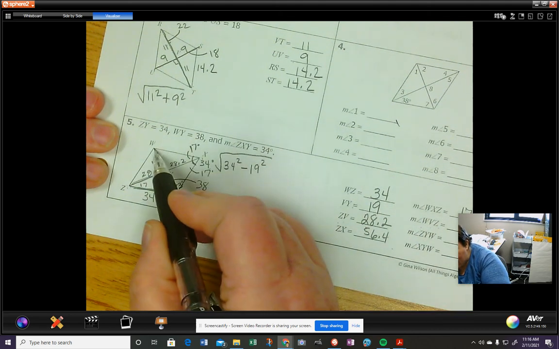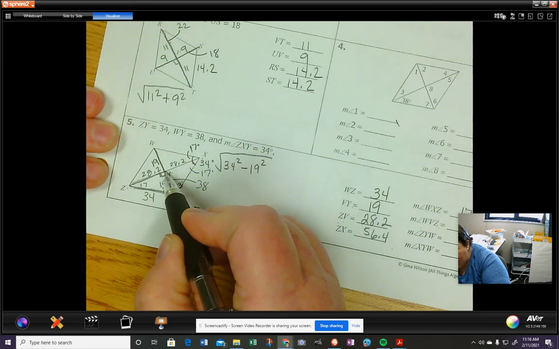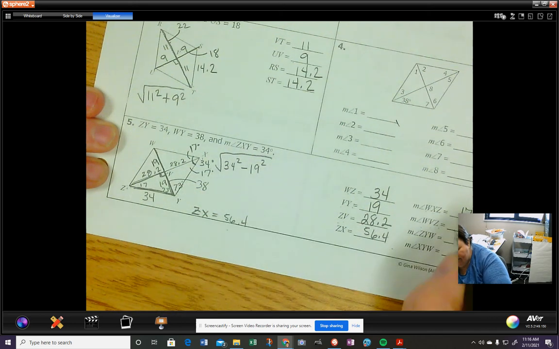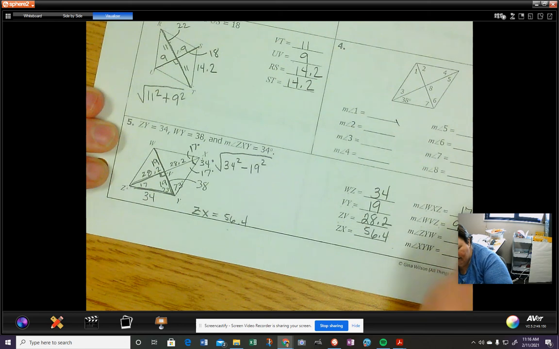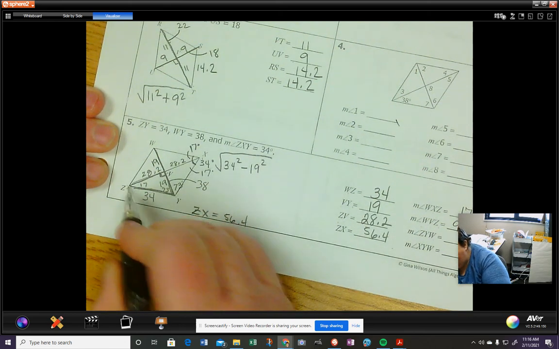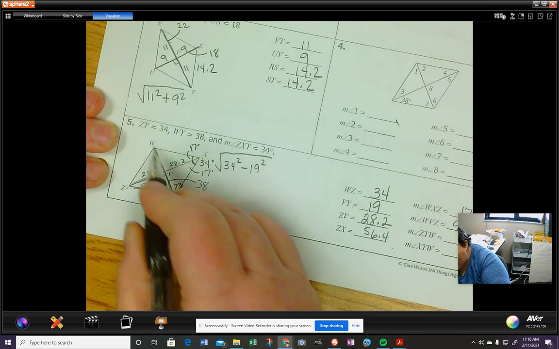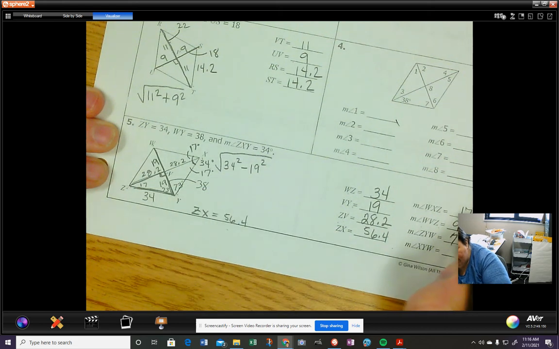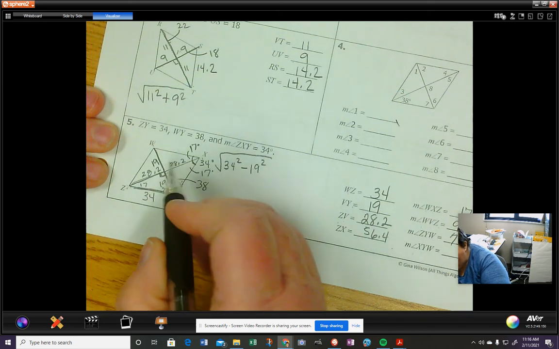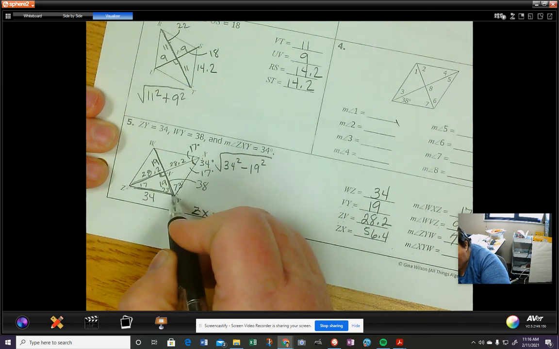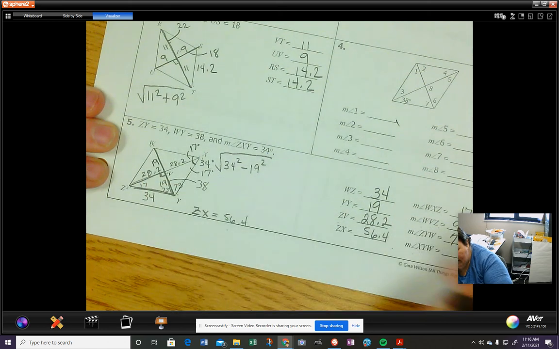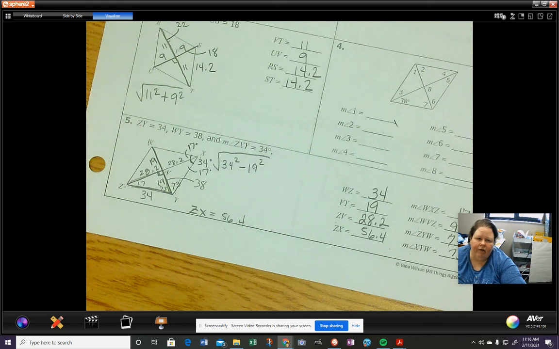WVZ is 90 degrees. ZYW is 73 degrees. XYW is 73 degrees. All right, see what you can do with the numbers 2 and 4 on this worksheet.